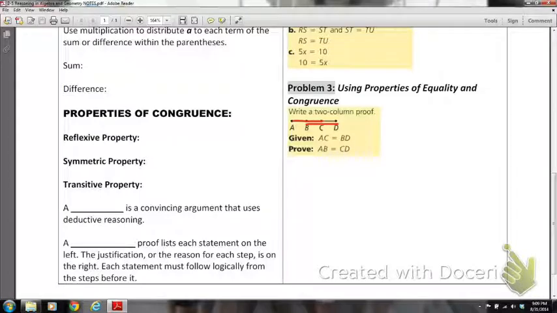So you're supposed to prove that segment AB is equal to segment CD. So let's make our 2 columns. We have statements in our left column, and we'll have reasons for making each statement in the right column.